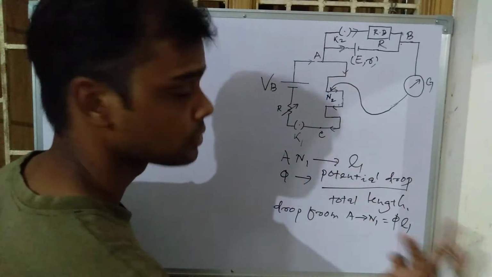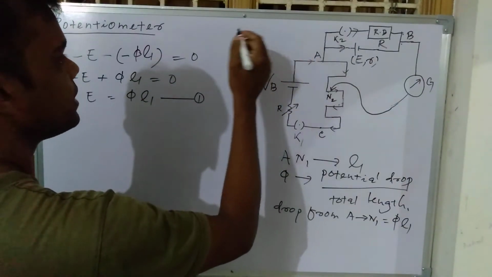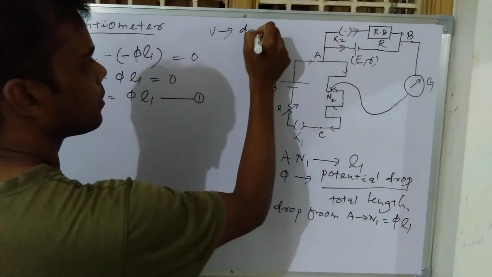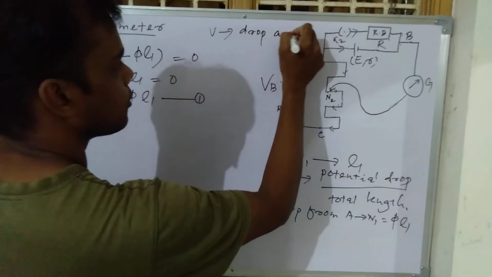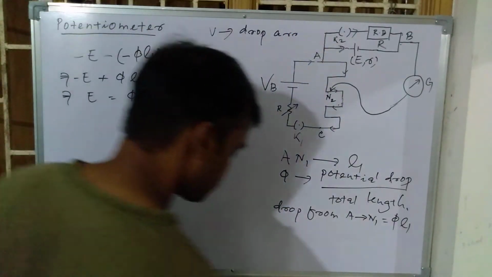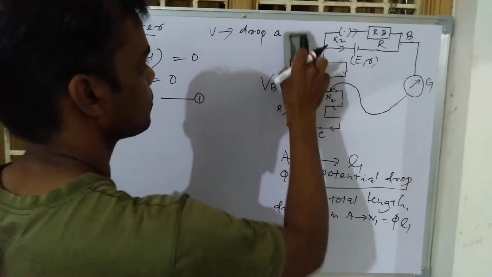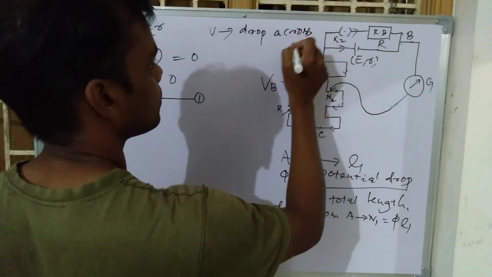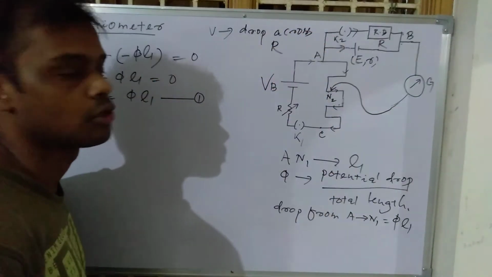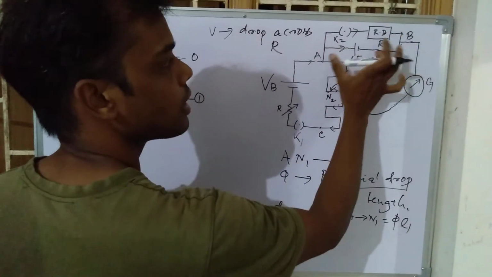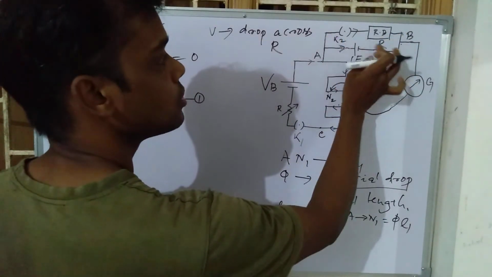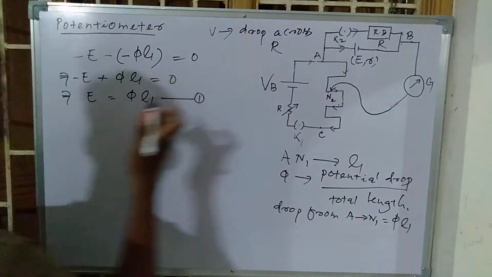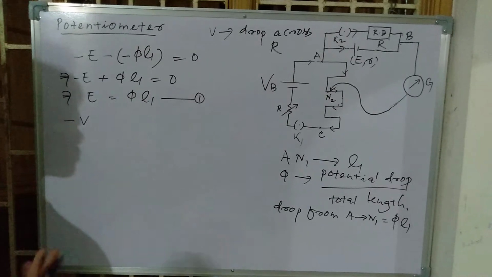Let V be the drop across R, because there is only one resistor connected from A to B. So all the drops will be across R. Now this is a drop, that's why I can simply write minus V. Very simple.